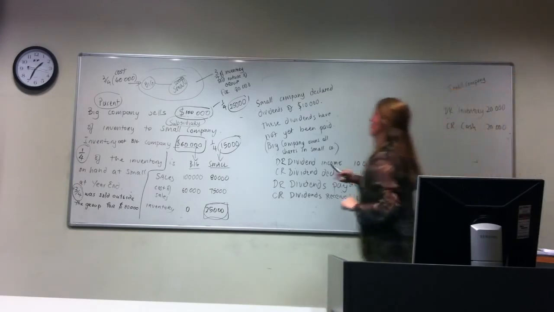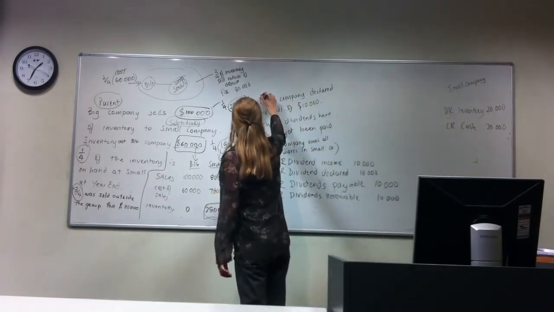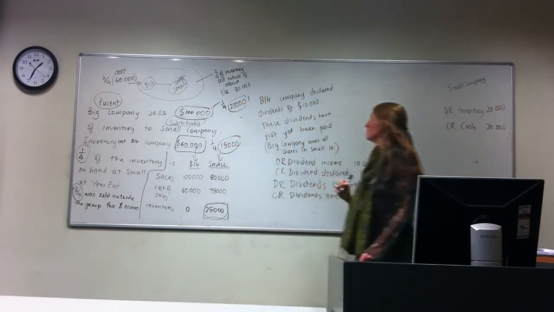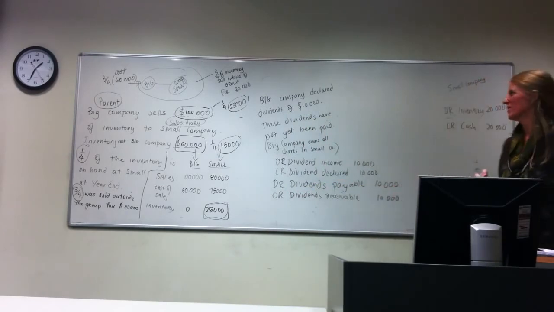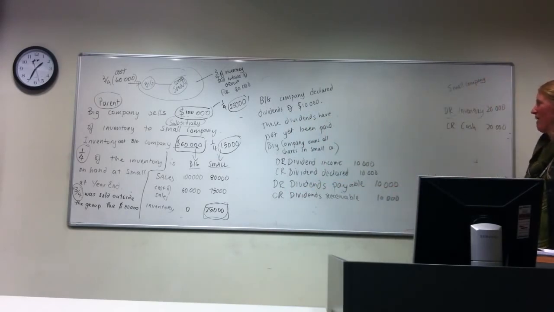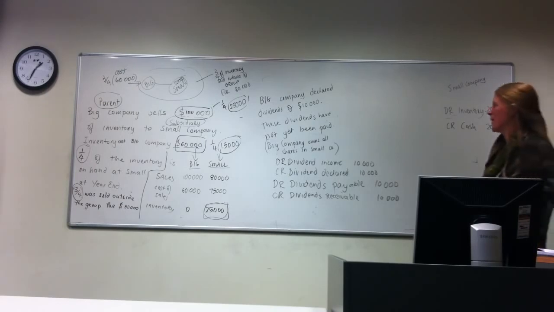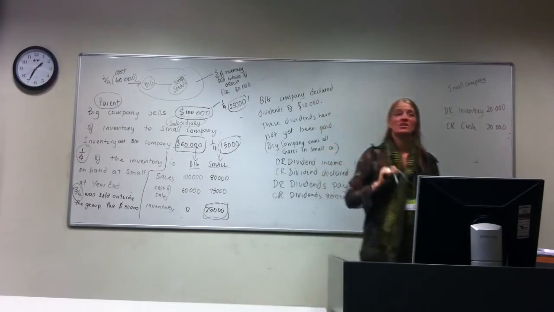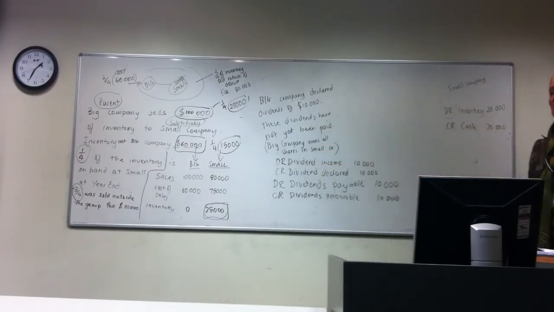Okay, what if I said to you that big company declared dividends of $10,000? Okay, would you need to have a journal entry? Just remember, big company is the parent. Big company is the one who owns the shares in the small company. Big company controls small company. Why do I say they control small company?